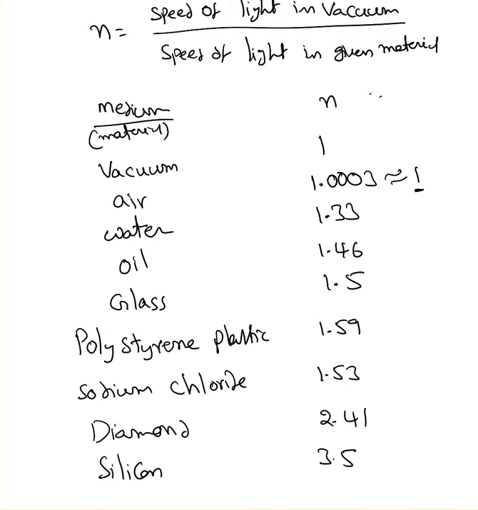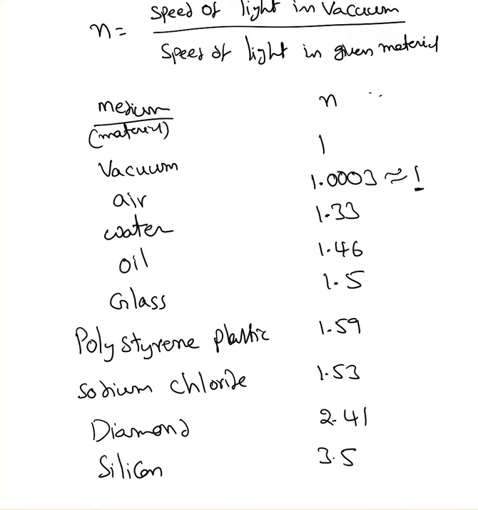So basically, the speed of light in vacuum is 3.5 times more than in silicon, and the speed of light in vacuum is 3 times 10 to the power of 8 meters per second. So from that c value, you can find the speed of light in silicon. Same thing with water, oil, and glass.